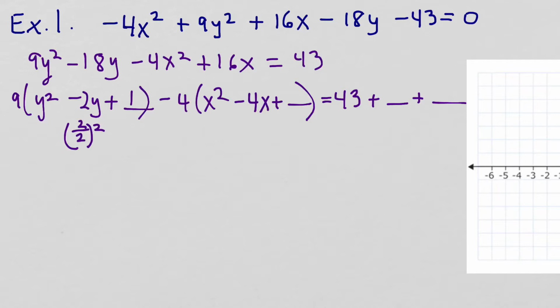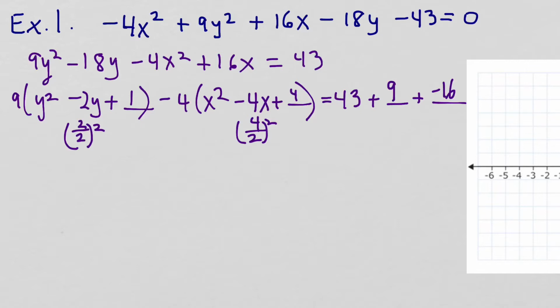And on this one, 4 divided by 2 is 2, 2 squared is 4. So I need to balance those numbers by putting a number over on this line and this line. I didn't only add a 1, I added 9 times 1. And I added negative 4 times 16. So over on the right, I've got 9, which is the 9 times 1, and negative 16, which is the negative 4 times the positive 4.